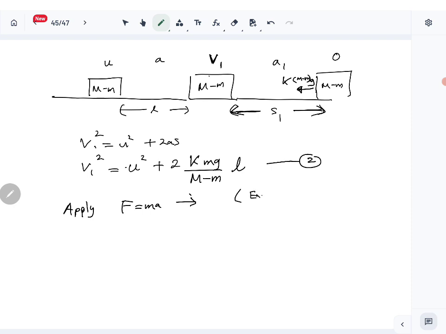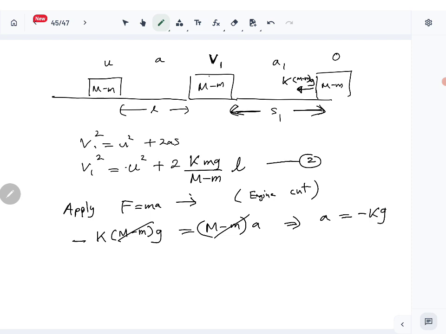So the engine is cut now. Then the only force is minus k times M minus m times g, and the mass is this. So then the deceleration is minus kg.